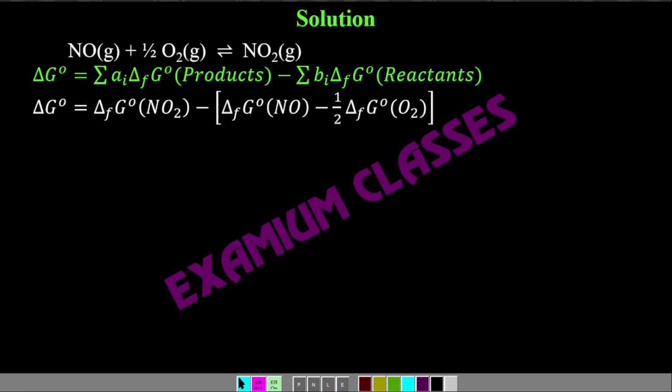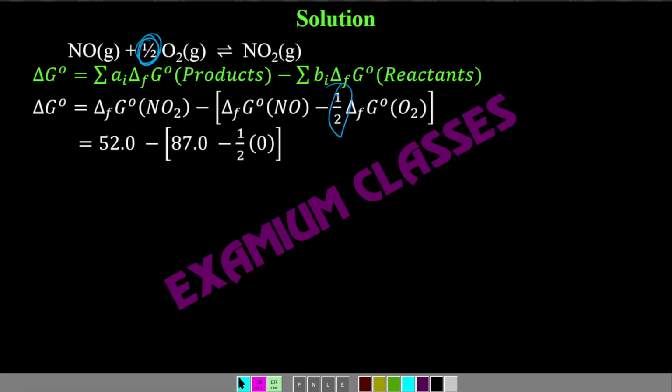In this case, it won't affect if you don't multiply by 1/2 here, because for oxygen, the standard Gibbs energy of formation will be 0. Even if it is an MCQ question, obviously it won't matter, but in steps you have to mention half.